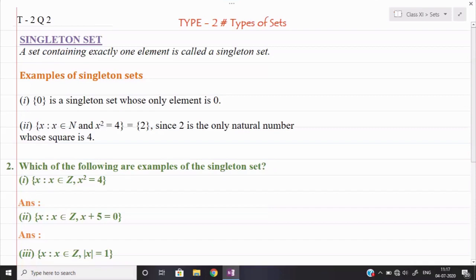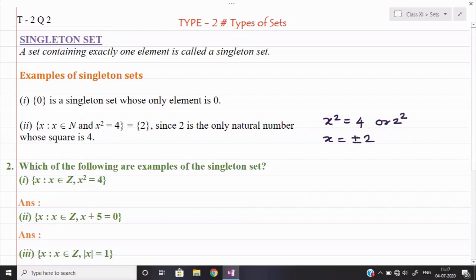Second example, they are saying x square is equal to 4 and the value of x belongs to N. So remember, if I have the equation x square is equal to 4, what can be the value of x here? See, 4 I can write as square of 2, and if I cancel the square, I can say that the value of x will be plus minus 2.